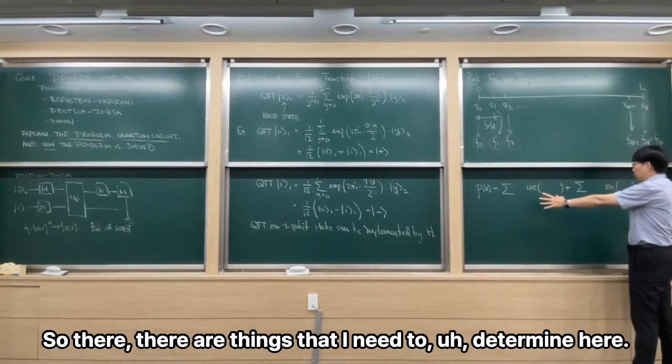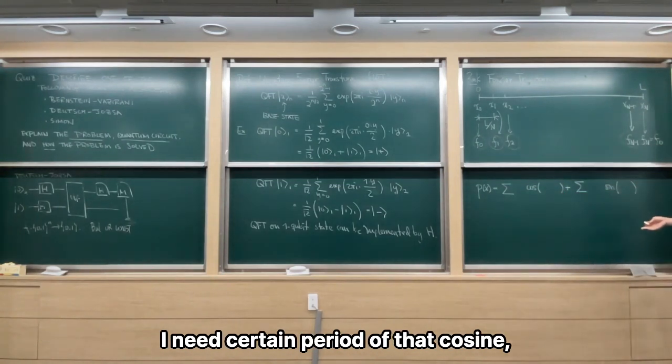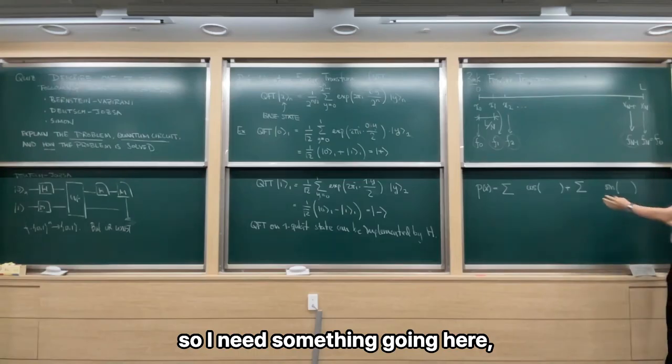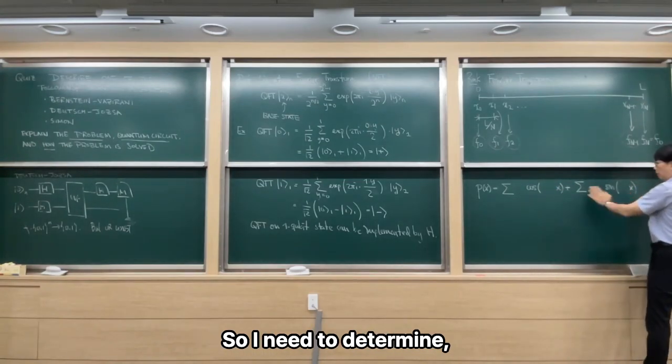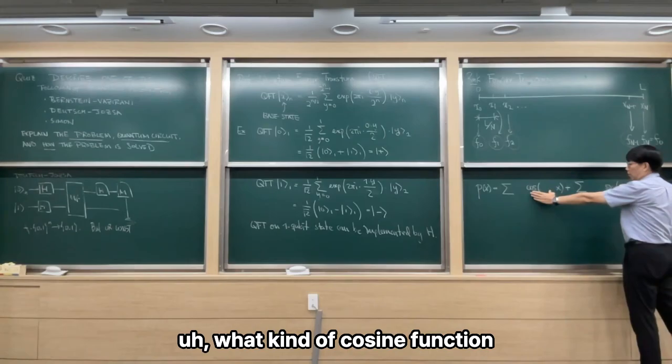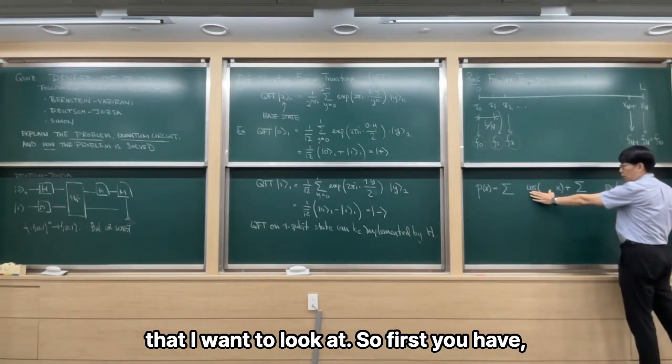Okay. So there are things that I need to determine here. When I use the cosine, of course, I need a certain period of that cosine. So I need something going here. Before I plug in x here, I need to determine what kind of cosine function or sine function I want to look at.